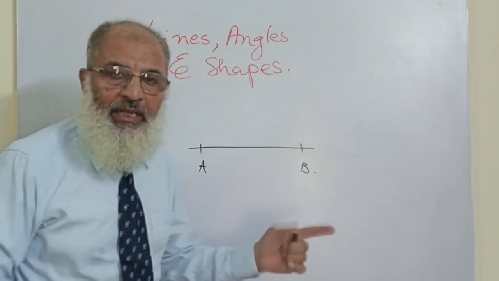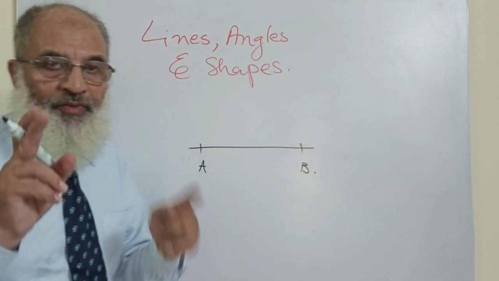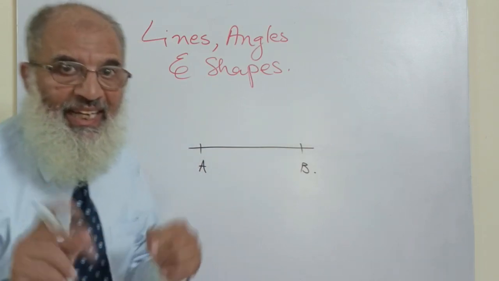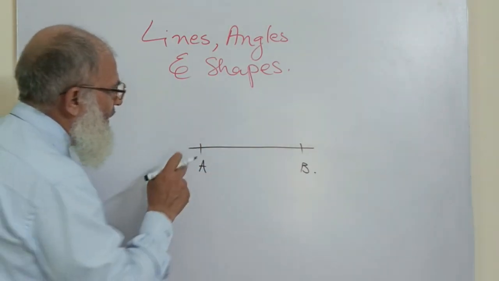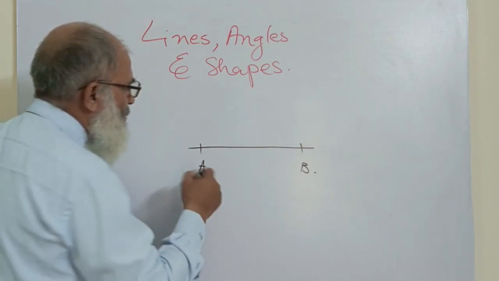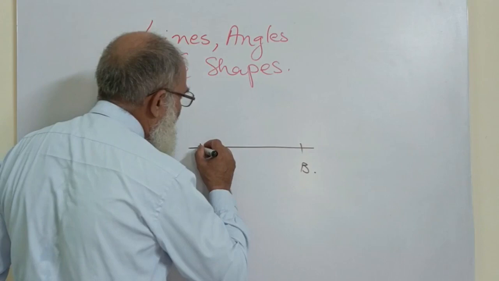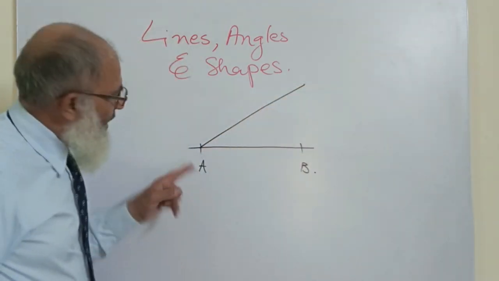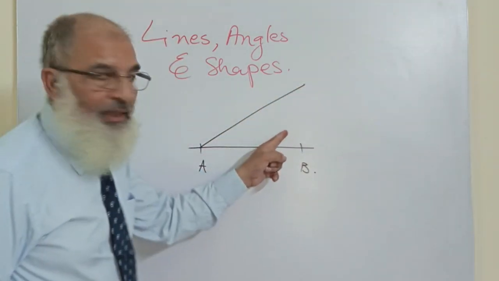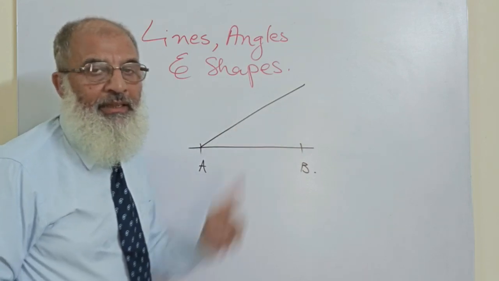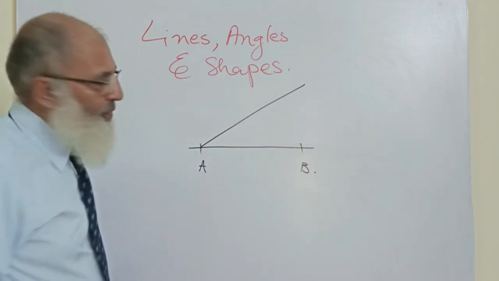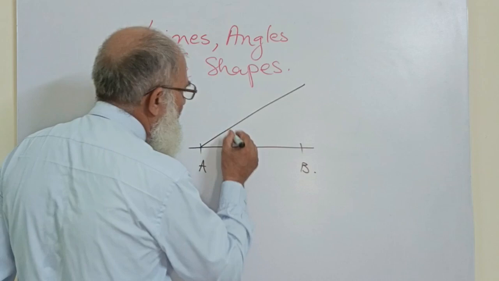Now you see that this is a single line. We have started from the single line. Now what we did in the angles was we took another line and fixed it at one point and kept on rotating it at this second point. So it became an angle.